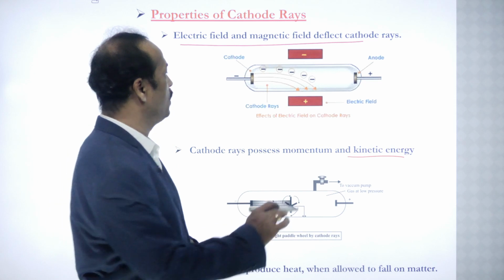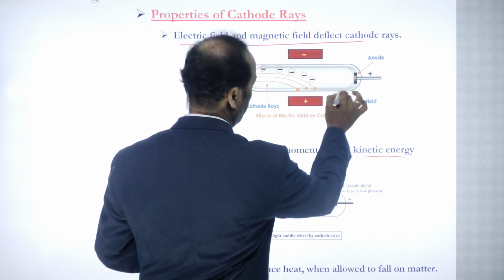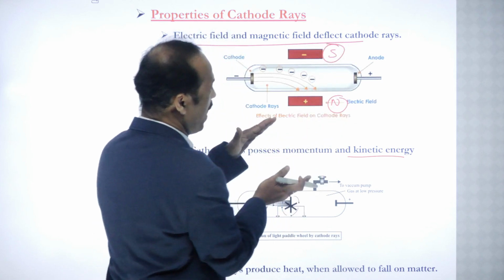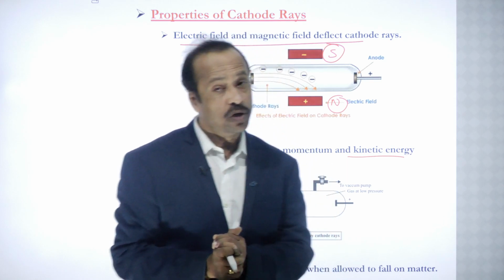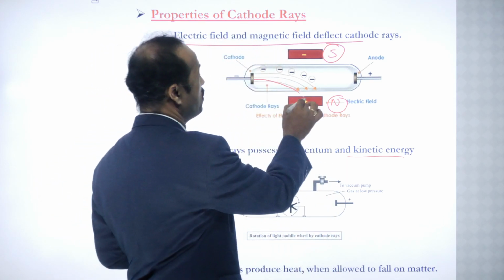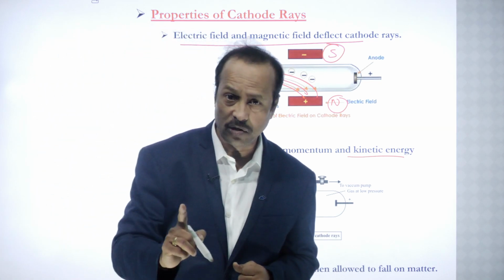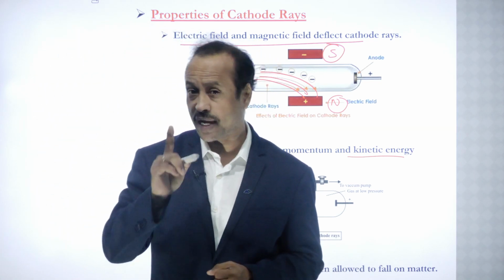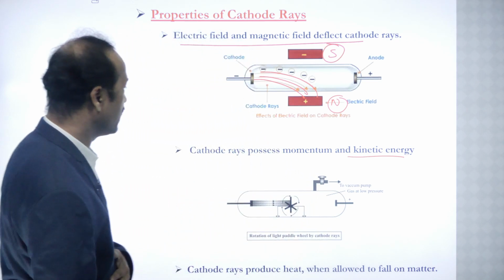For example, if you arrange the north and south poles of two magnets perpendicular to the path of the cathode rays, you will observe that these rays are deflected. So magnetic fields also deflect the cathode rays, and cathode rays are deflected by both electric and magnetic fields.